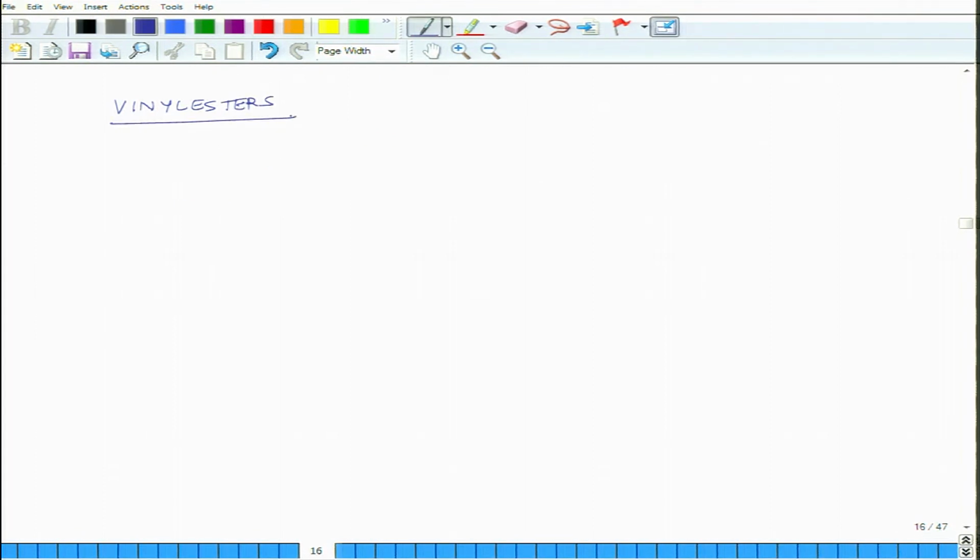Vinyl esters. Okay. So, some broad comments about it. They are similar to polyesters in terms of their material properties, behavior. Viscosity is low. So, what does that mean?